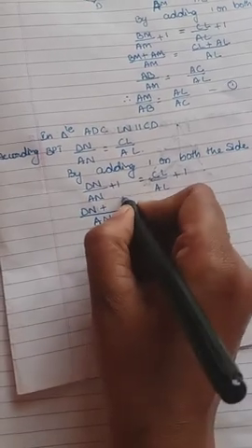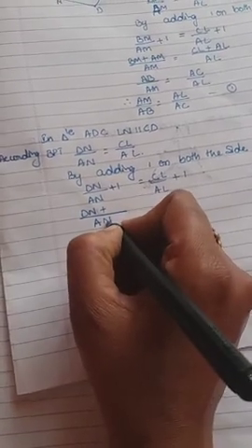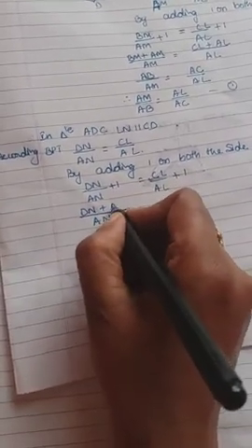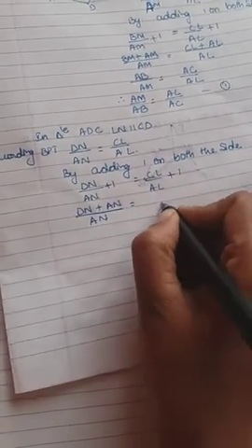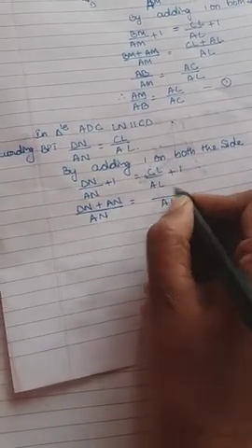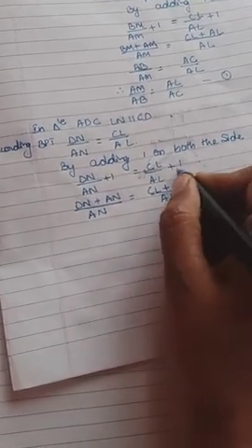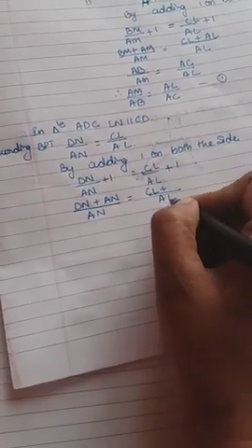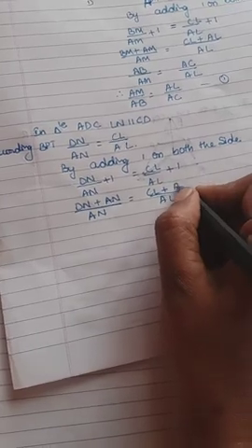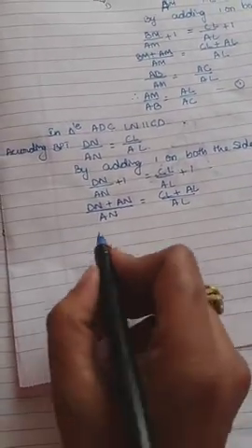So here 1 will be there, 1 into AN will be AN only, AN into 1 is AN, equal to, again LCM is AL, cancel, remaining in the numerator will be CL plus, here 1 into AL will be AL into 1 is AL only, right?